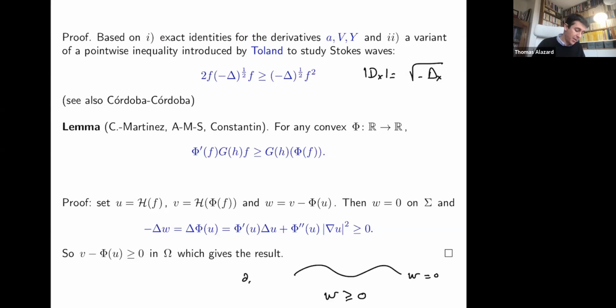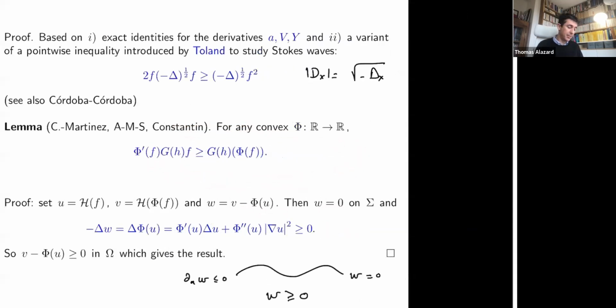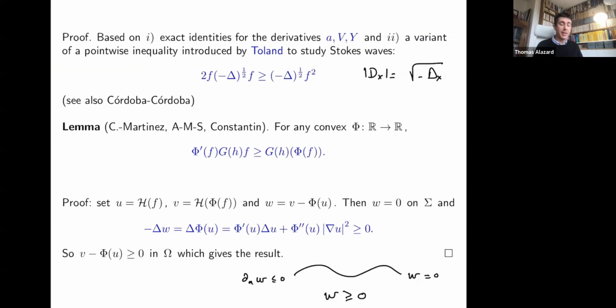In particular, the normal derivative is non-positive, and this means exactly by definition of w that you have this inequality. Okay, this is an important inequality to study the Euler equation, and I will refer to it as the convexity inequality.